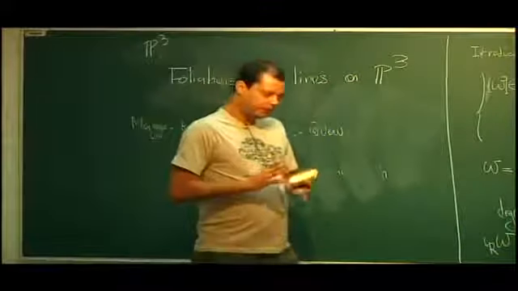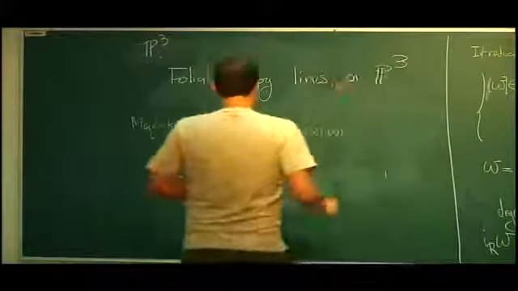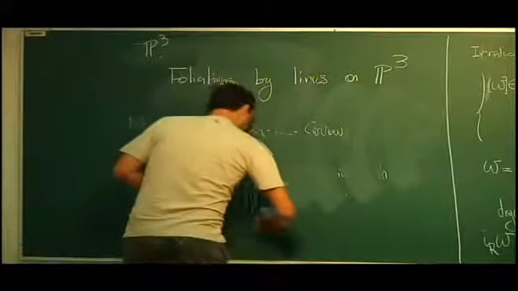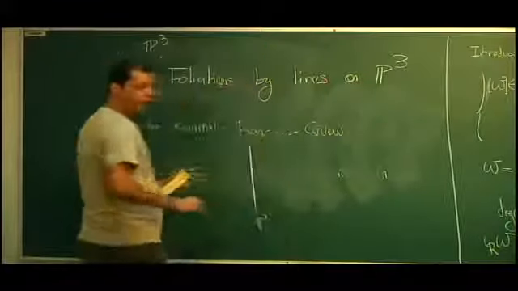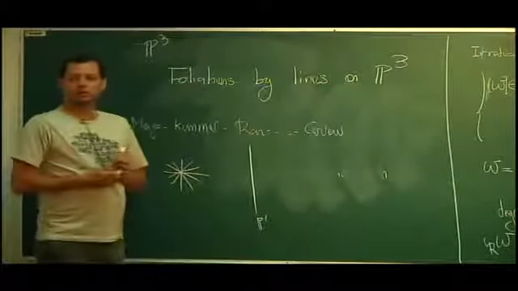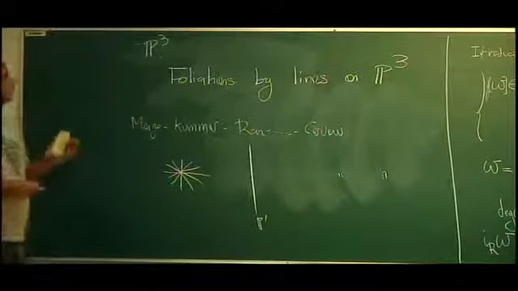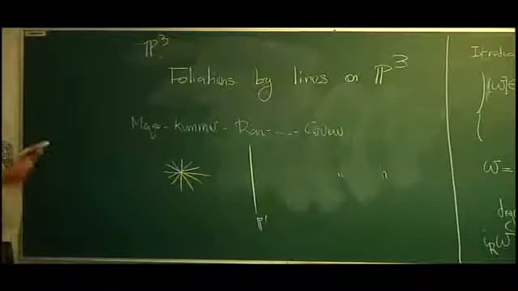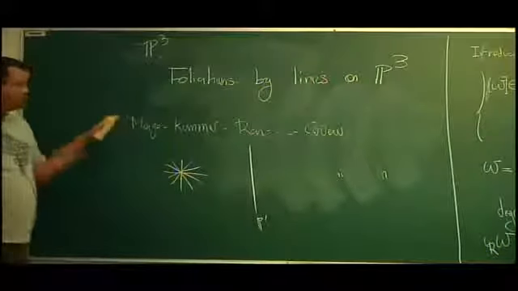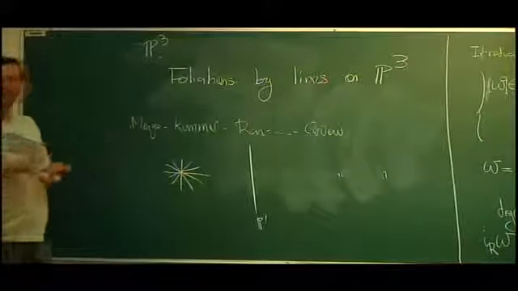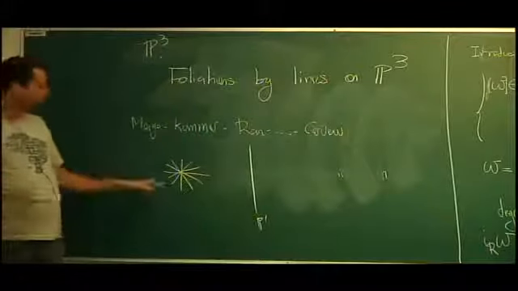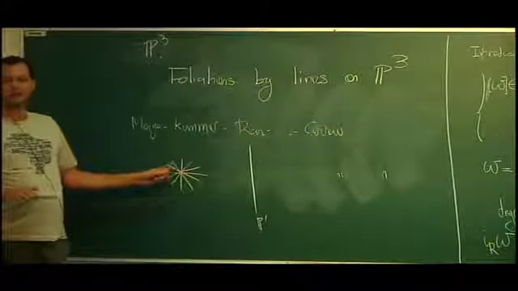Now, we can also do the following construction. You take a P1, and your foliations are by lines on P3, really by lines. The first time that I saw this result, for a long time, the only foliation by lines that I knew to exist was the previous one.